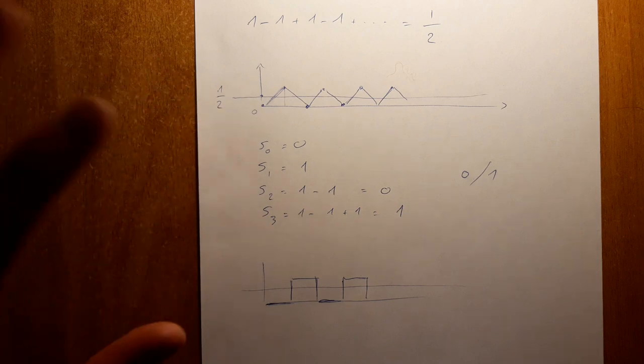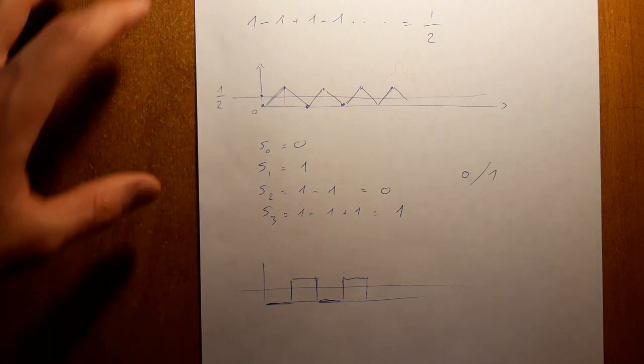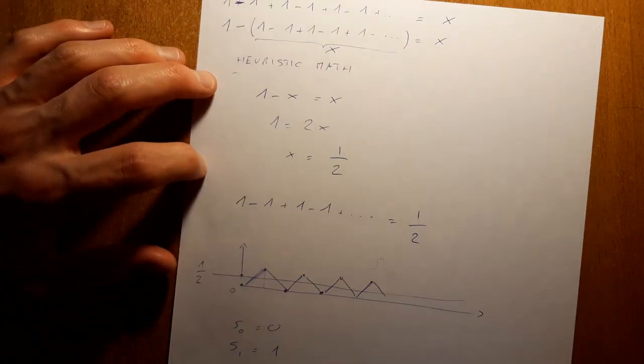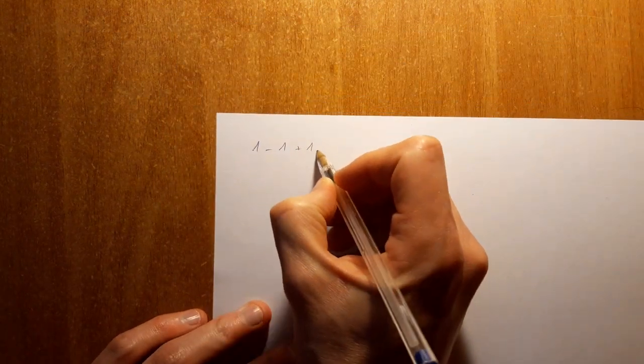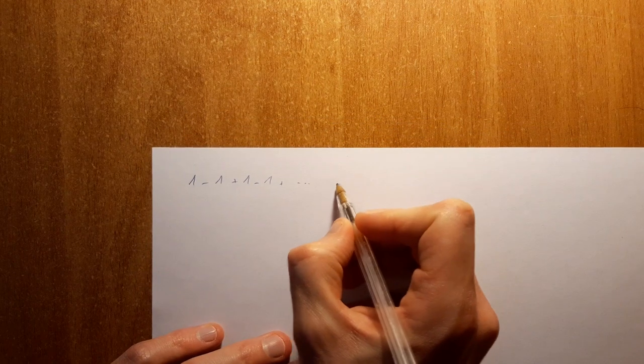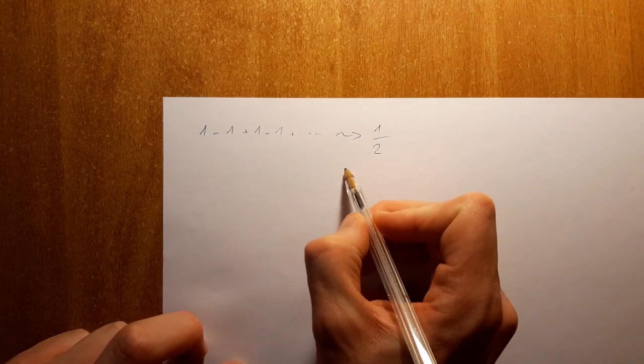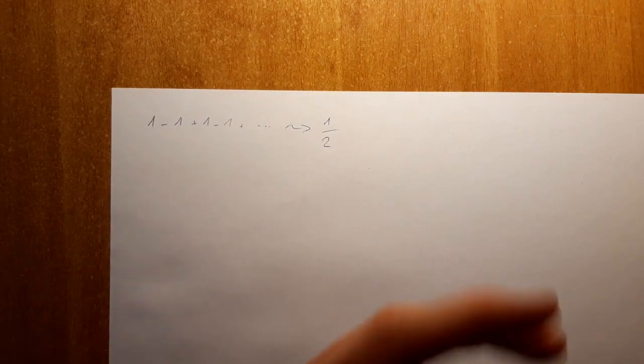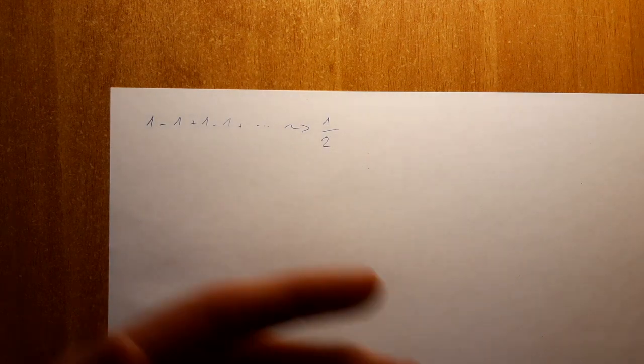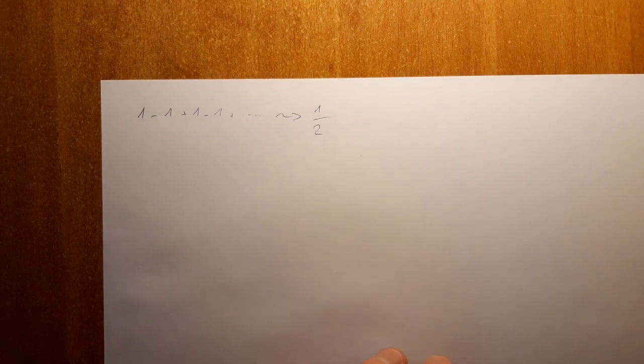One of these two graphs is not very good, but we will talk about this later. Thus, 1 minus 1 plus 1 minus 1 is connected to 0.5, 1 over 2, and I will use equal because I'm talking about heuristic math. The equal sign in these videos must not be intended as an equal in math.